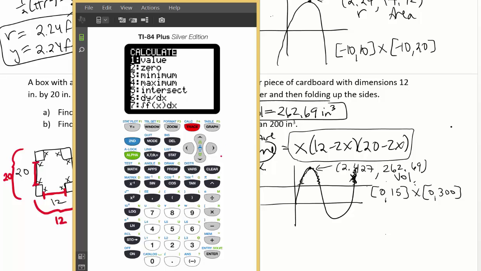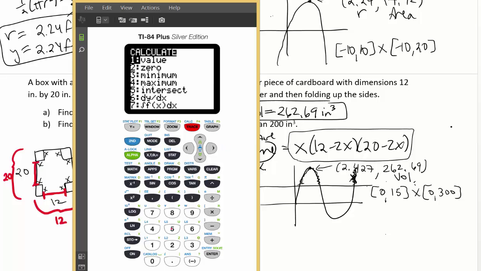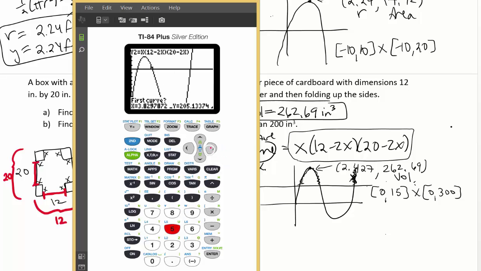And then the second one would be at 3.897, and then the last one way over here, keep going until you see it. It's going to be at about 10.928.